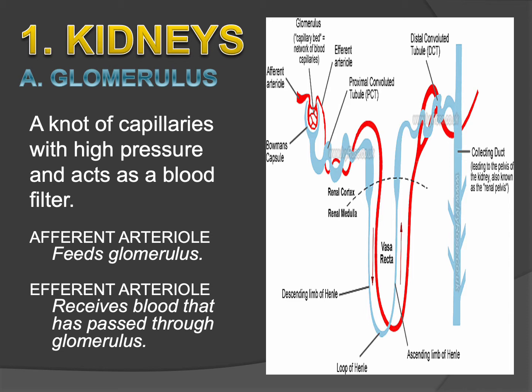Siyempre, ang na-drain sa ilalim niyan, which is yung color blue, doon na siya sa renal tubules. So, ano yung na-drain dyan? Plasma minus protein. Dahil ang hindi na-drain, na dumiretso ng efferent arteriole, again, yung RBC, WBC, platelet, and plasma protein.